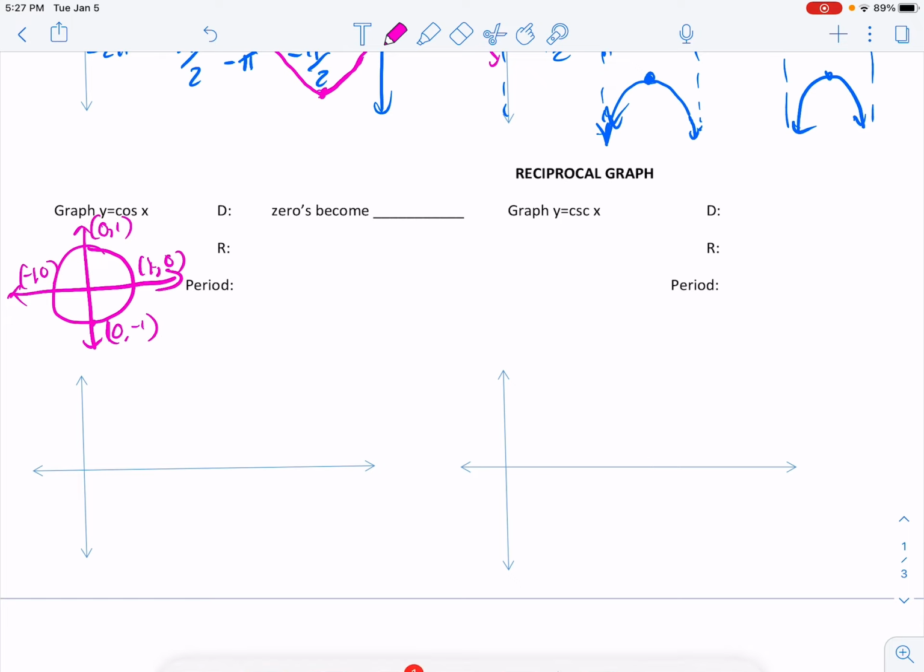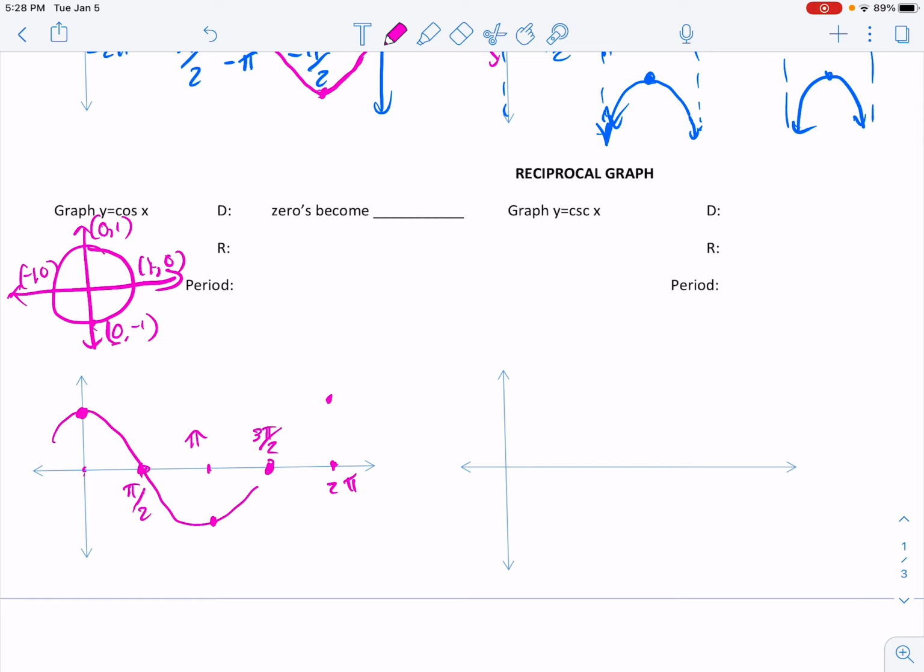Okay? When this is 0, the x value is 1. Okay, I have pi over 2. My x value is 0. At pi, my x value is negative 1. At 3 pi over 2, it's back to 0. Because remember, we're doing the x value. And at 2 pi, I'm at the top of the chart. So this is coming down.